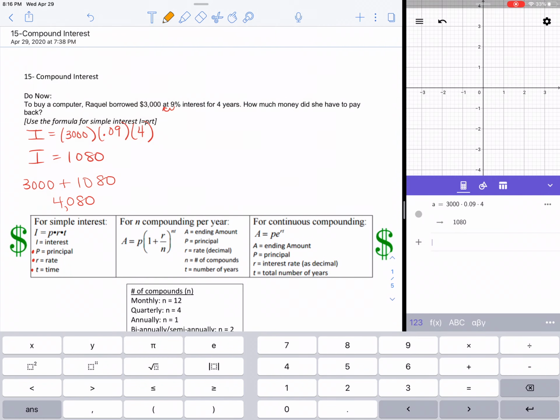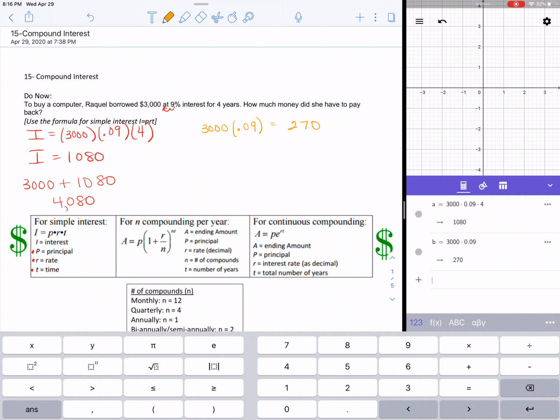For instance, you would take the $3,000 and pay 9% of it the first year, and that would be, for 1 year, $270.